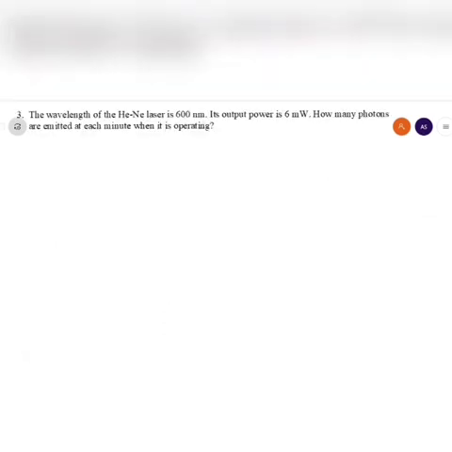In question number 3, the wavelength of the helium neon laser and the output power are given. Now we want to calculate the number of photons emitted each minute.